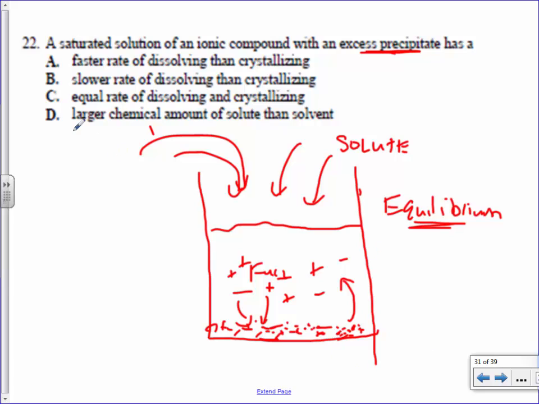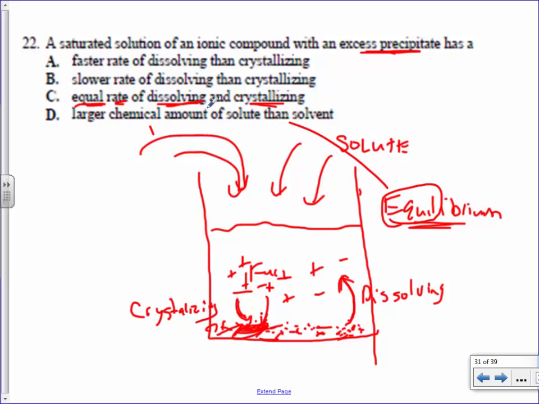So equilibrium will have equal rates of dissolving and crystallizing. This stuff right here is dissolving. This stuff right here, the ions that were separated, are going back into solid form, crystallizing. And here's the key.